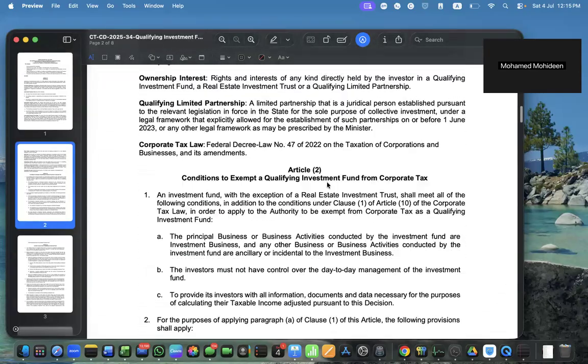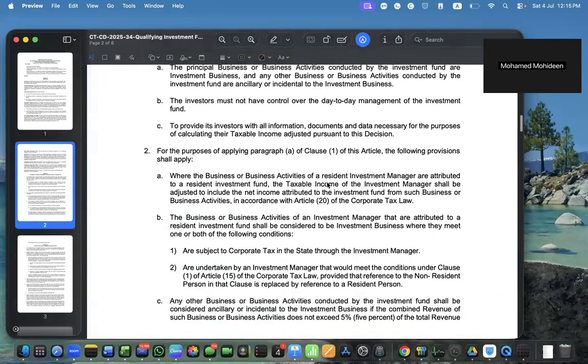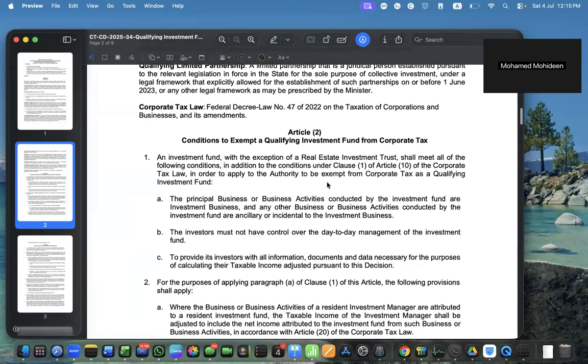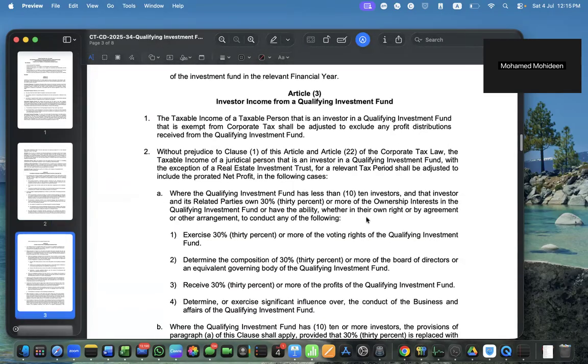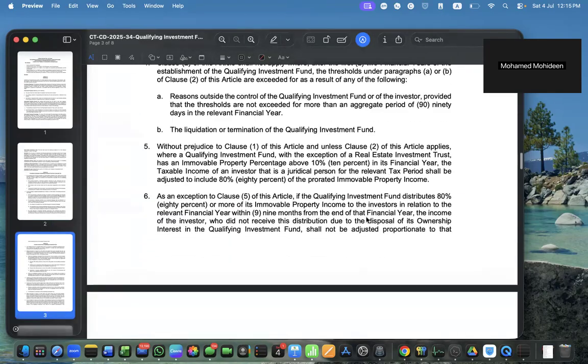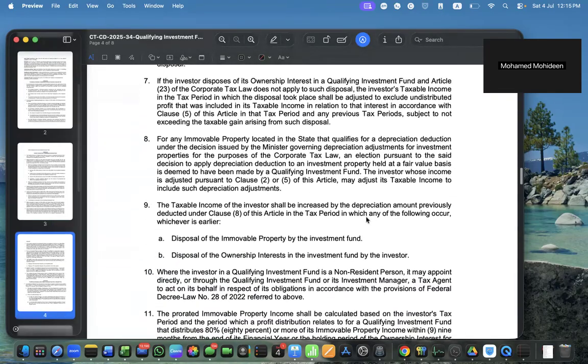So if you look at the percentages that are provided, conditions to exempt a qualifying investment fund from corporate tax. So this is the exemption of the qualifying investment fund directly. But this was another article that we were looking at. I think it was Article 4.